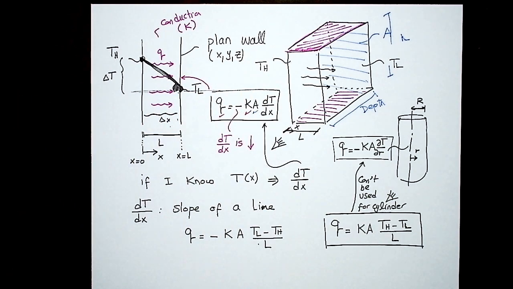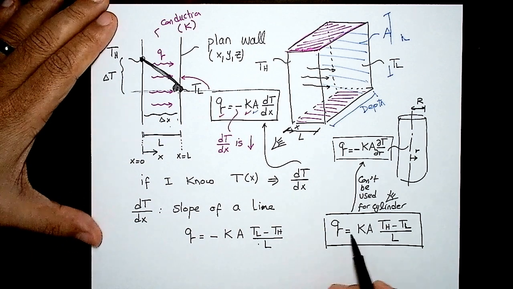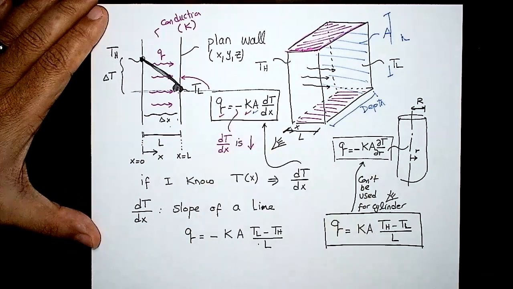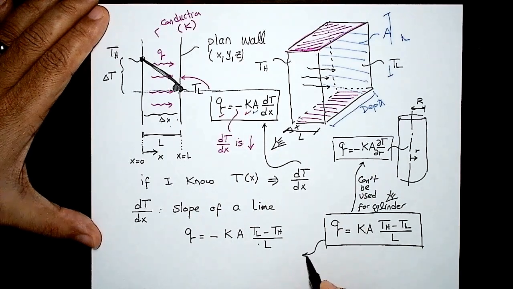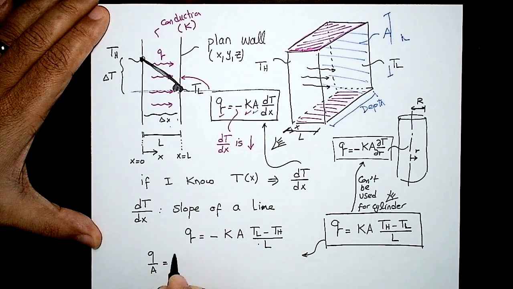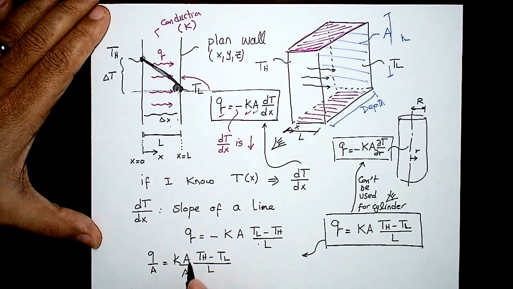What else? I can now put this equation here or this equation here. Can you calculate, for example, Q double prime? Yes, let's take that equation here. If I divide both sides by A, Q over A and K A, TH minus TL over L divided by A. So I divided both sides by A. What's going to happen? This will cancel out. So the left-hand side here is Q double dash.